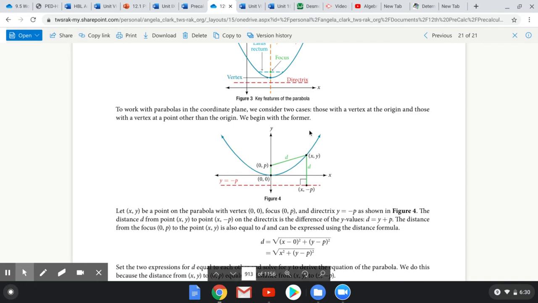So we have to specify it's the perpendicular distance. So just like the distance from the focus to the vertex, a specific point on the parabola, is the same as the perpendicular distance from the vertex to the directrix, that's going to be true for any point on the parabola. So the distance from the focus to any point on the parabola is the same as the perpendicular distance from that point to the directrix.